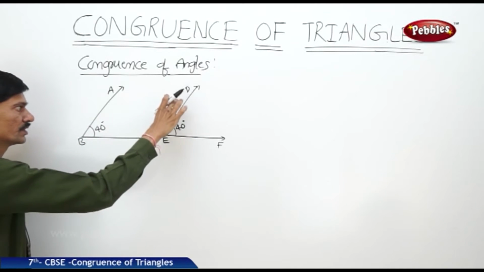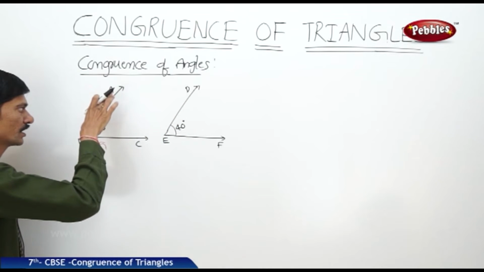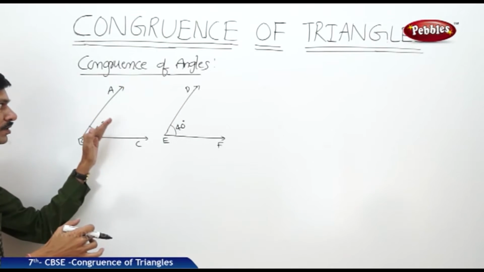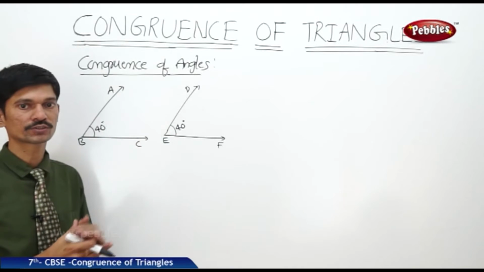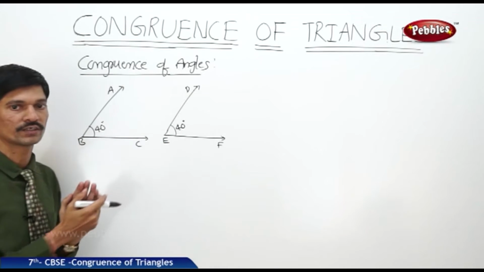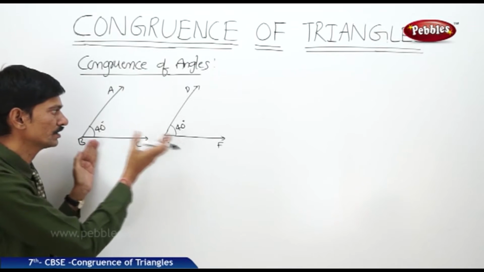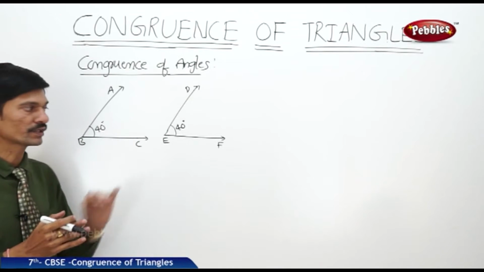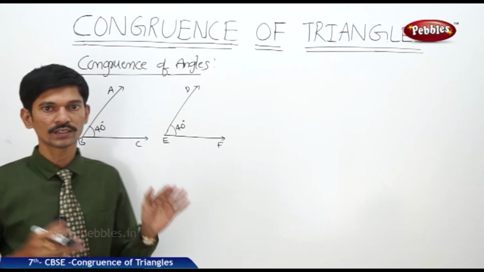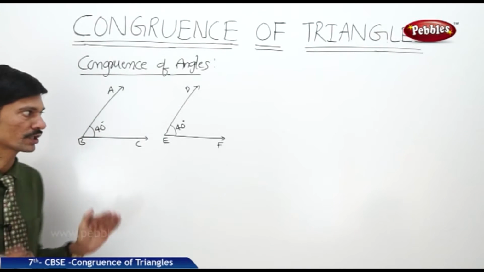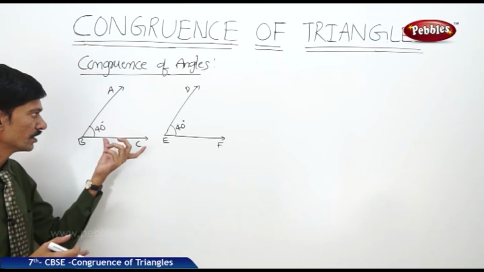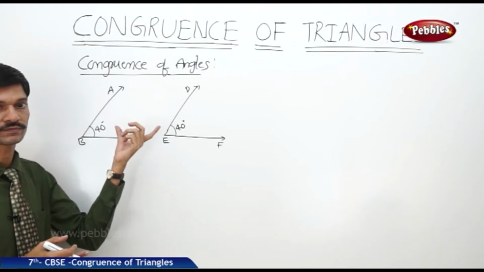Then if ED also falls exactly on BA, we say that the two angles are congruent, because these are copies of one another, meaning they cover each other exactly. So when the two angles cover each other exactly, we can say that the two angles are congruent.